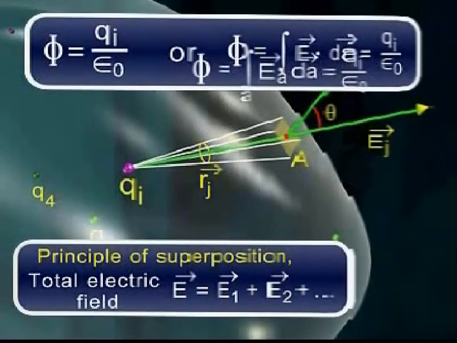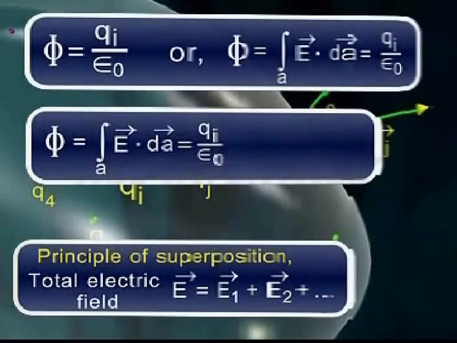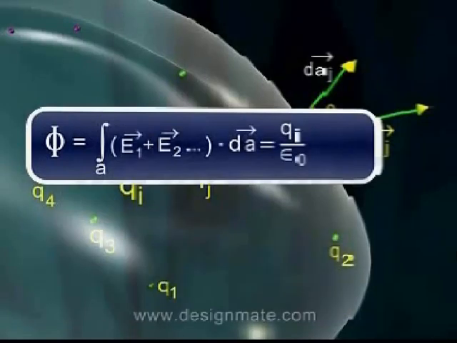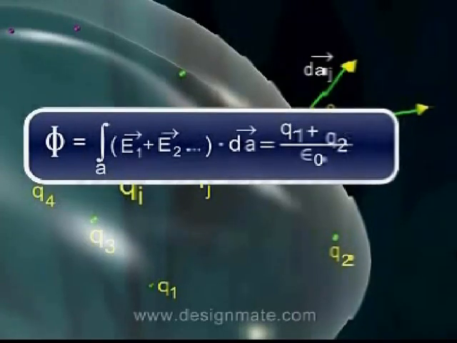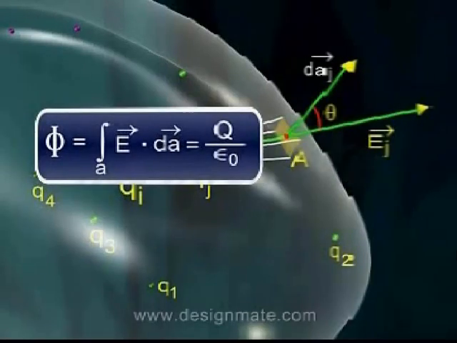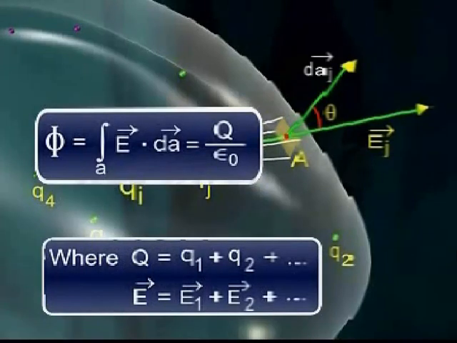In such a condition, we shall get Q is equal to Q1 plus Q2 plus and so on on the right hand side. Therefore, integral vector E dot vector dA is equal to Q upon epsilon 0.